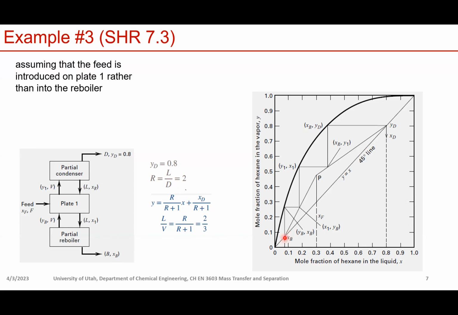And that gives you the ideal scenario in which you fully utilize the partial reboiler. So the liquid stream leaving the partial reboiler has a composition of XB, and it's the same as the operating line composition.